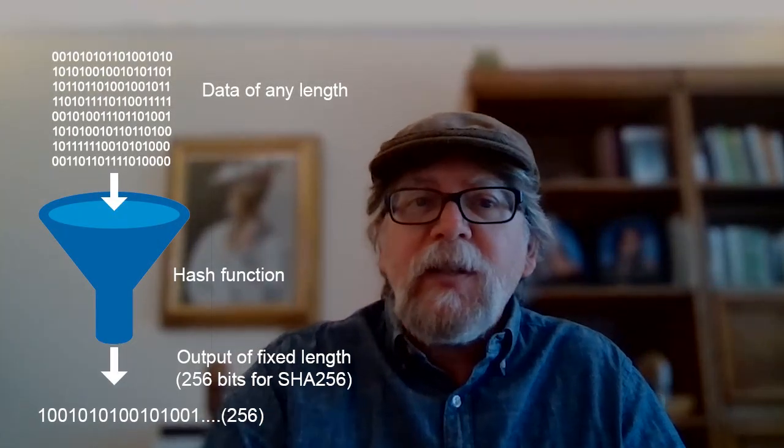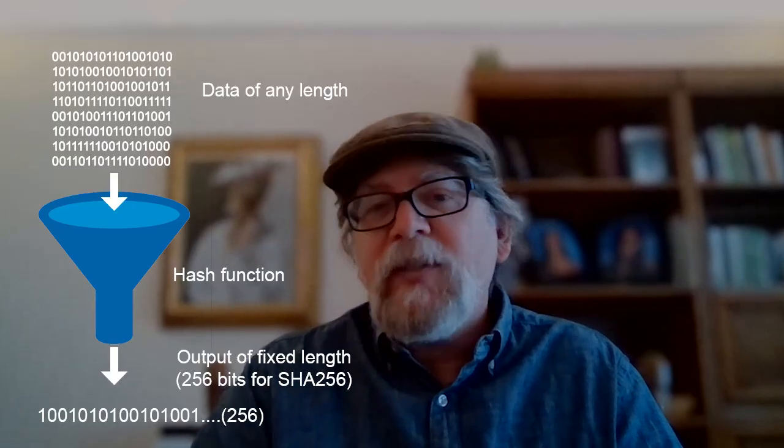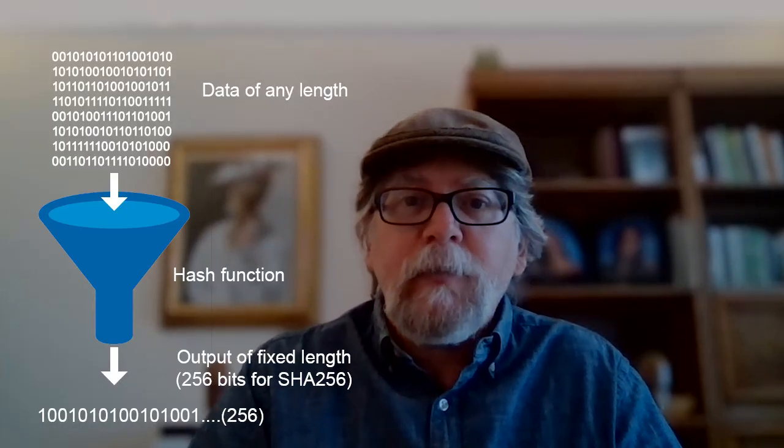So first, what is a hash function? Think of it like this. A hash function is basically a special kind of math formula that takes any piece of data, could be a sentence, a picture, a whole book, it doesn't matter, and turns it into a fixed length string of characters. In the case of SHA-256, the hash is exactly 256 bits in binary, which is exactly 64 characters in hexadecimal.